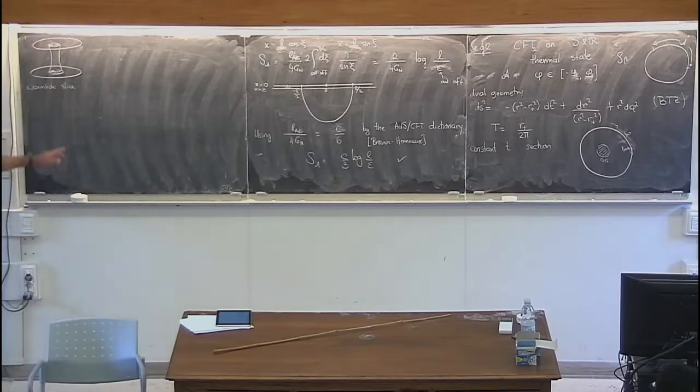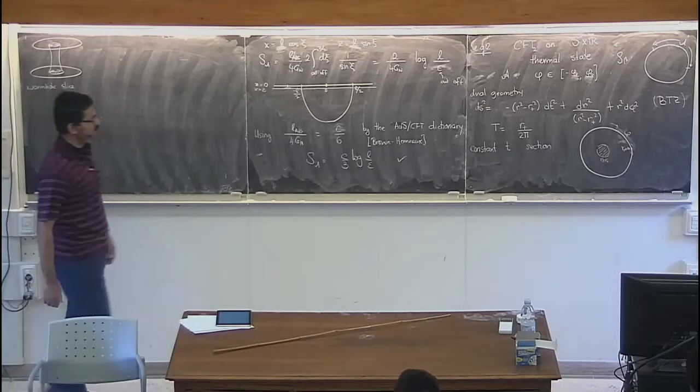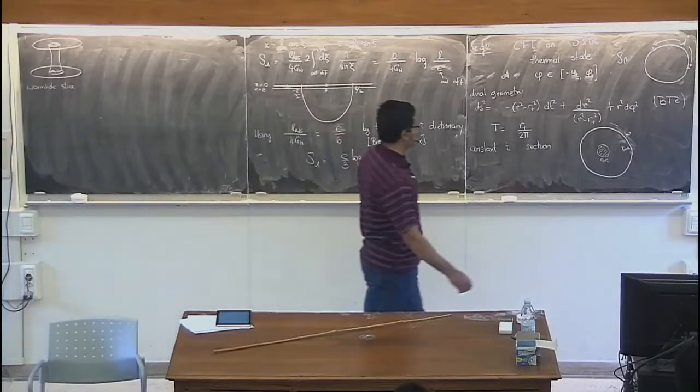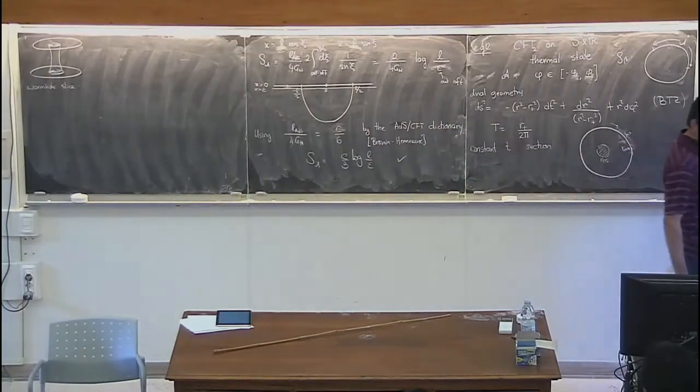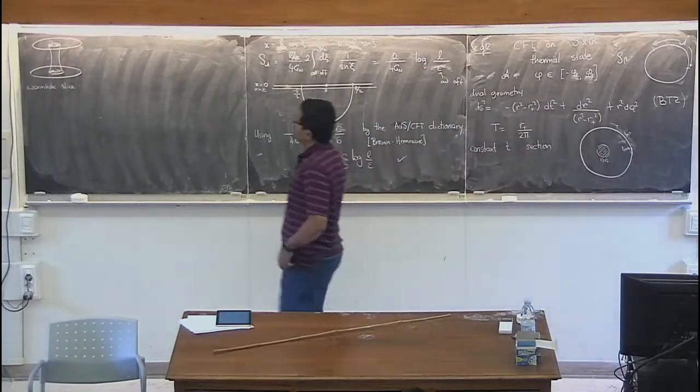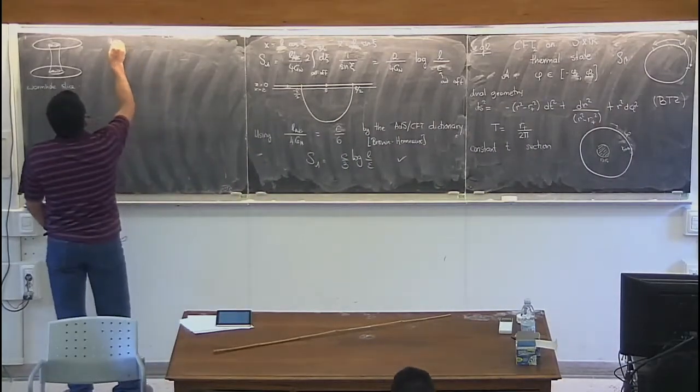This is the wormhole slice, but I'm just drawing the top half of the wormhole slice. I'm just cutting it off up there. Okay. So that's the solution. And there's another way to think about the solution. The Euclidean solution.